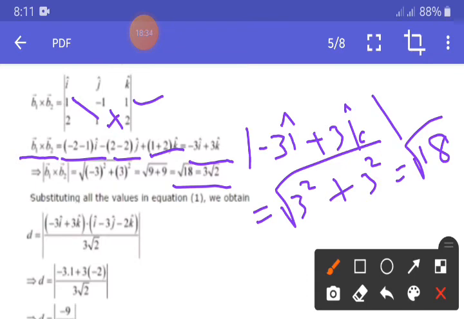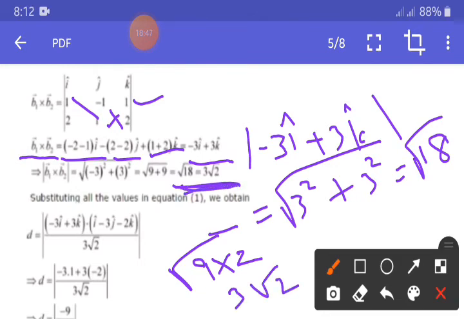The square root of 18 we write as the square root of 9 into 2. Taking the square root of 9 is 3. So 3 root 2 is the magnitude.